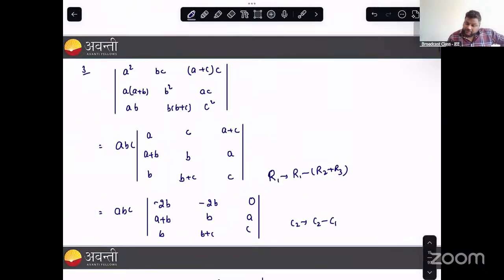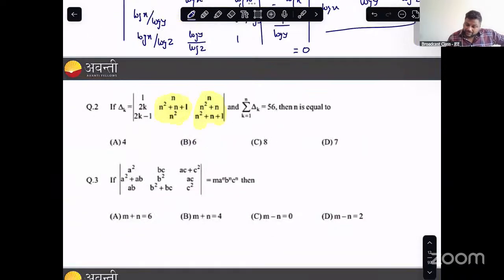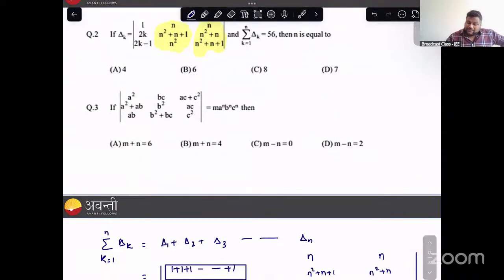The question says it is m times A to the power n, B to the power n, C to the power n. Means m came 4 and n came 2. So m plus n is 6 and m minus n is 2. Answer is AD. Understood? Am I clear?